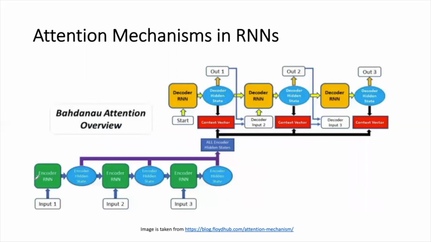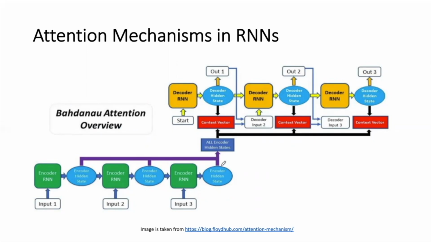So coming to the attention mechanisms in RNNs, this is one attention mechanism, the Bahdanau or additive attention mechanism. Here, typically what happens is we have the encoder portion where the input is passed to the encoder, and we have encoder hidden states.